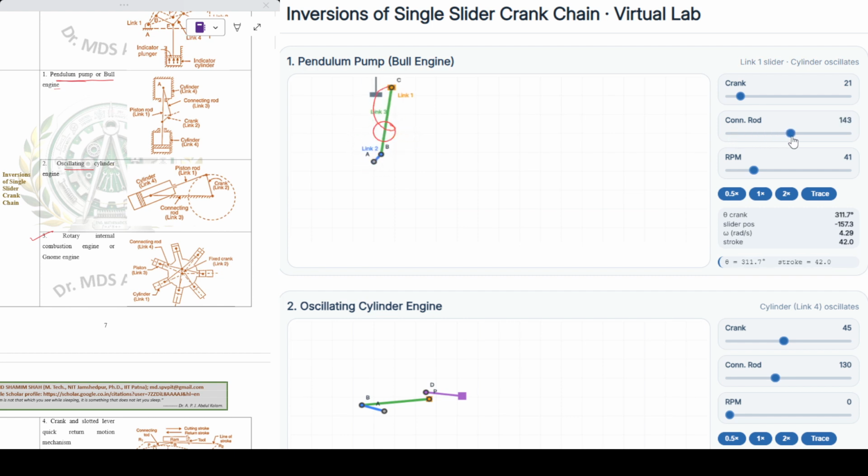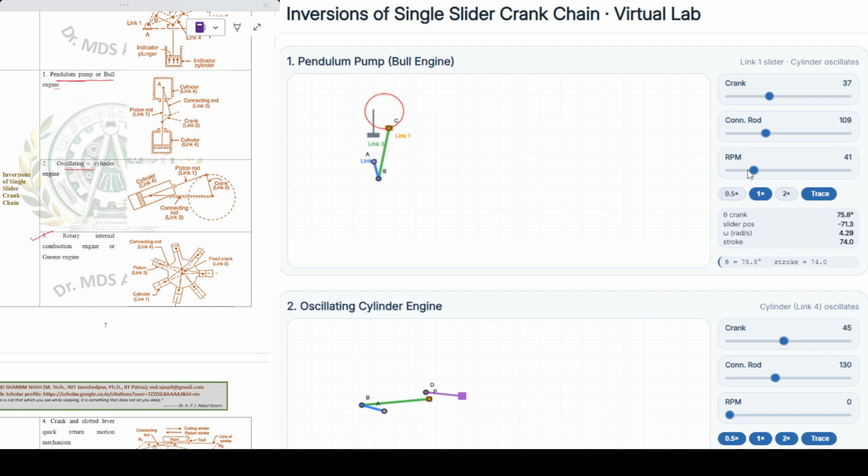See how the path is made. I am increasing the crank length, now decreasing the crank length. Now I am increasing the connecting rod. So this is how the pendulum pump works.